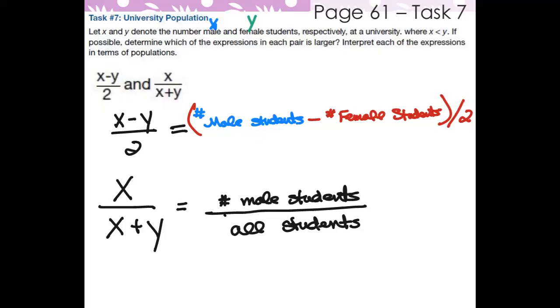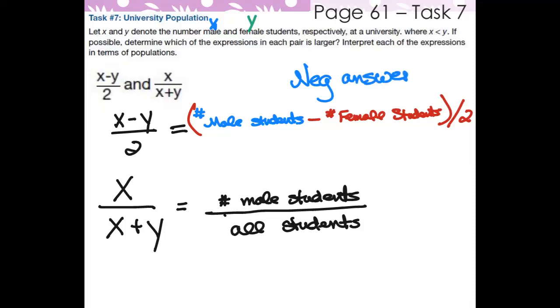Yes. If you have fewer male students... Your number of male students is fewer than the females. So when you take the male minus the females, that gives you a negative answer, right?